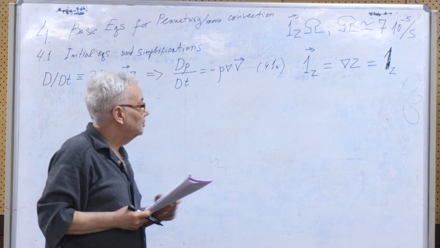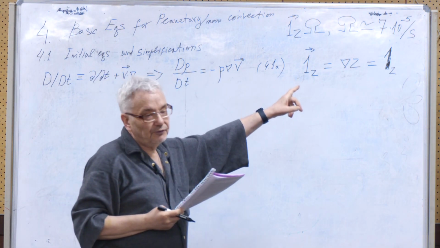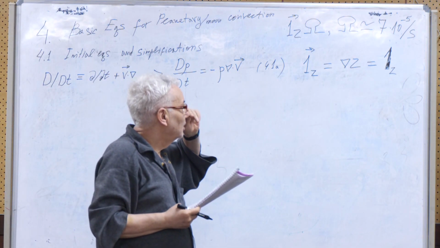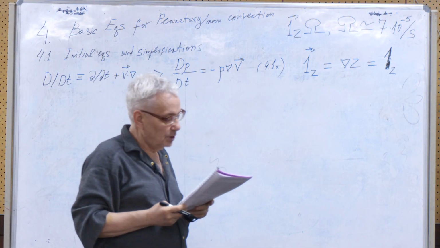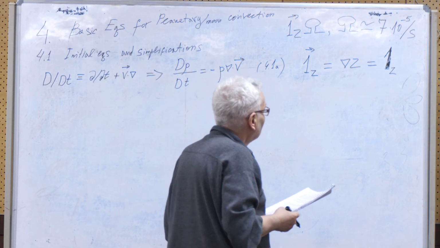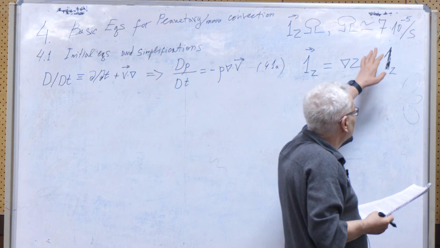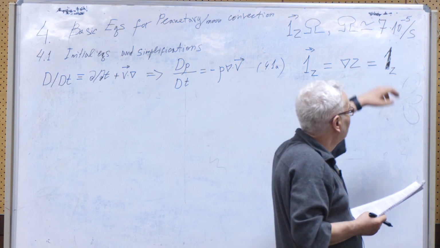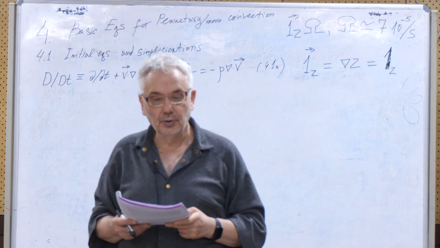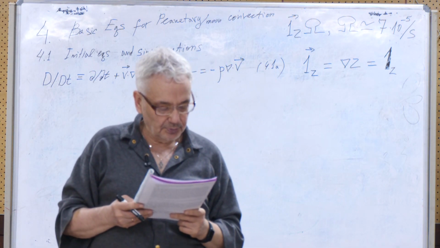By the way, it's quite a valuable value, because if you multiply it by a typical velocity or typical scale, you will get rather strong rotation. If you just multiply by the radius, you will have some hundreds of meters per second, 100 meters per second.